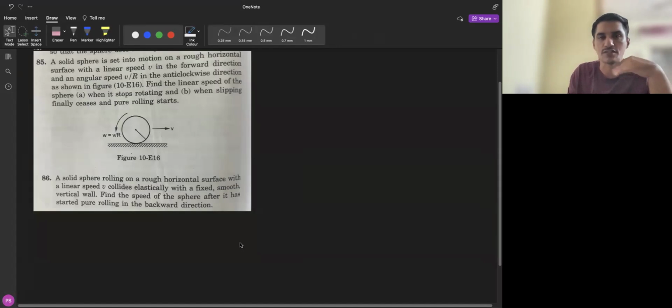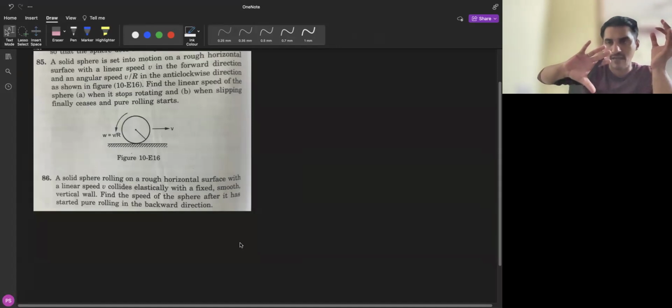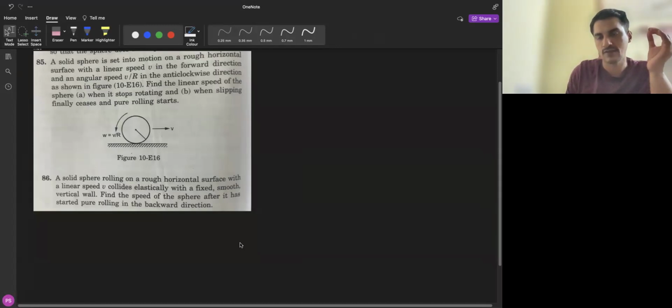Because of that friction, it stops rotating after some time, and from that instant onwards, it starts pure rolling in the forward direction. Yes or no? So that question, let us do it now.